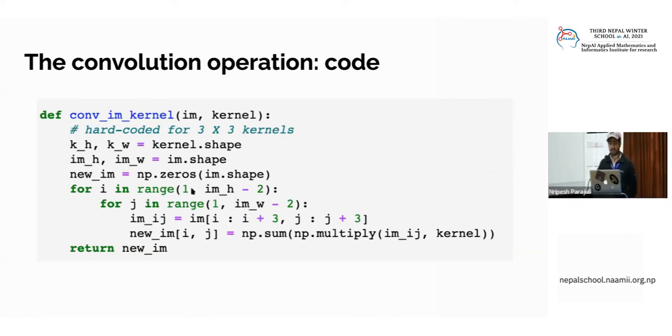Essentially, for every position, you grab the 3 by 3 portion of the image at that position, and then you just do an element-wise multiplication and sum it. So it's really simple. Obviously, when this is implemented in your neural network libraries, it's not a silly code like this.